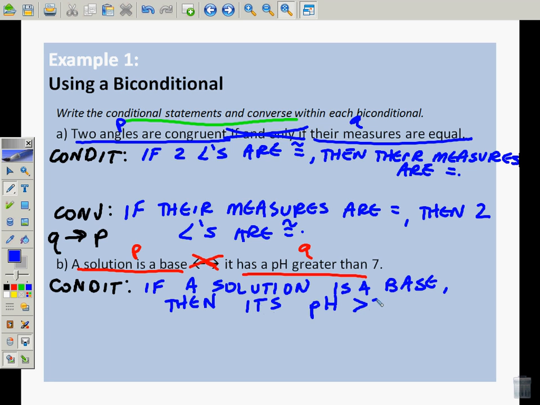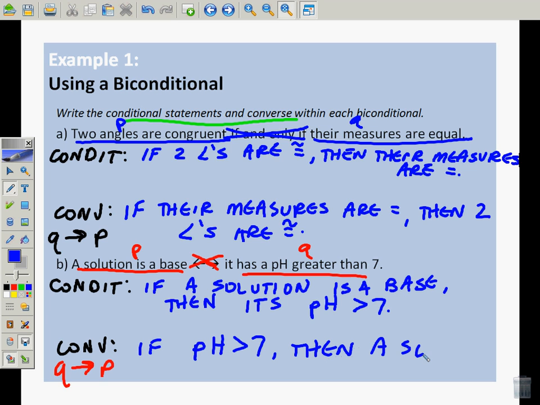The converse looks like this. Q to P. If pH is greater than 7, then a solution is a base. Okay, so this is a simple switching mechanism. We just switch these things back and forth. So you're kind of seeing how this works.